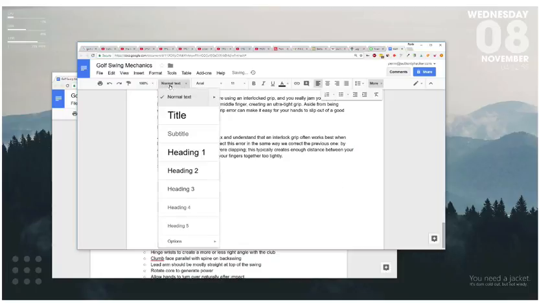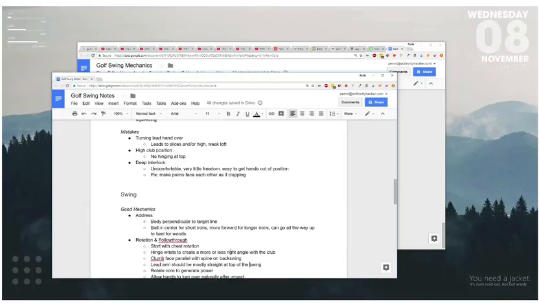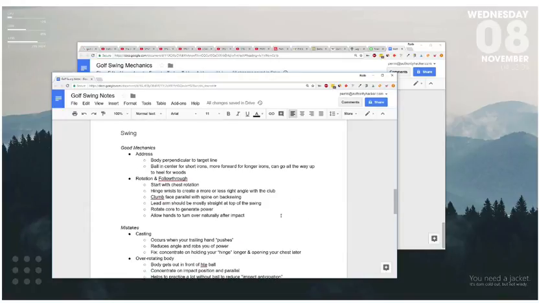Swing is going to be the next bit. Now I know myself, I know my tendencies when I write. So I know when talking about the swing, since it's the most complicated, I have the highest tendency to ramble. So just going into this, I'm going to kind of try to be aware of it.